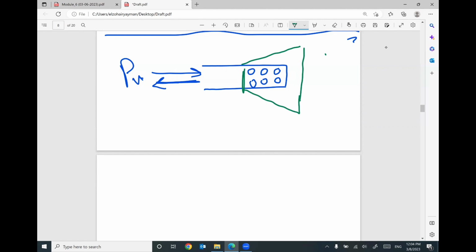And this gusset plate is already connected with something else, maybe a column, maybe another member or other members. That's fine, I don't care.